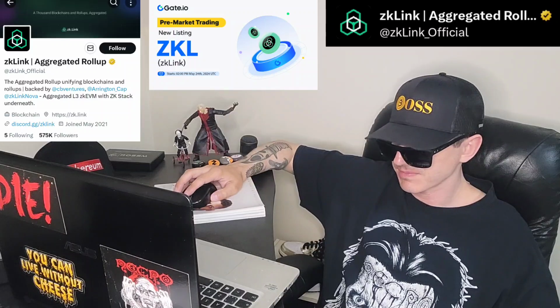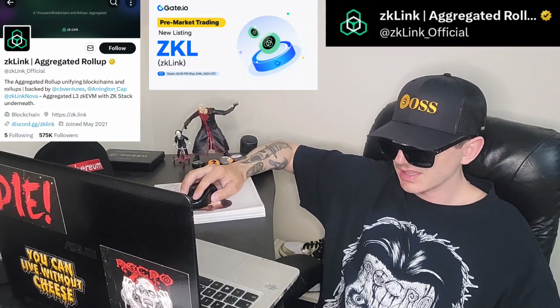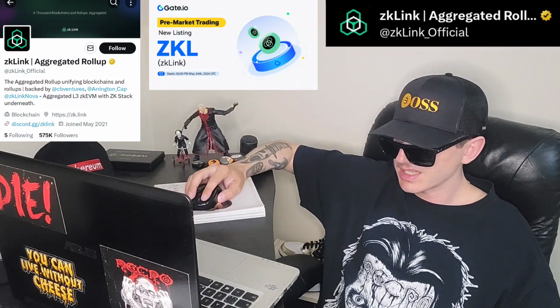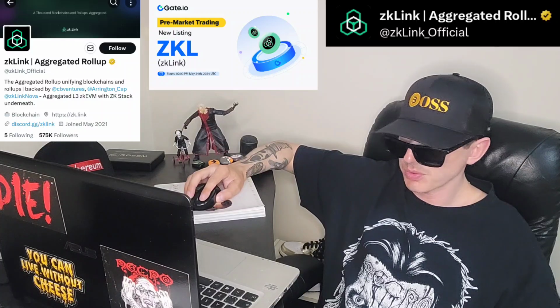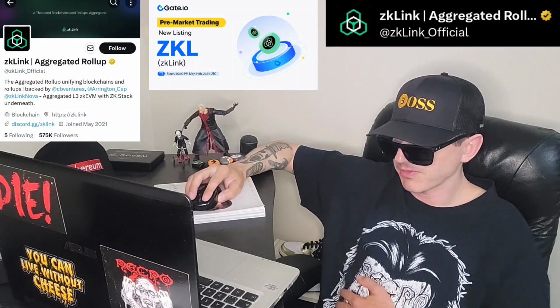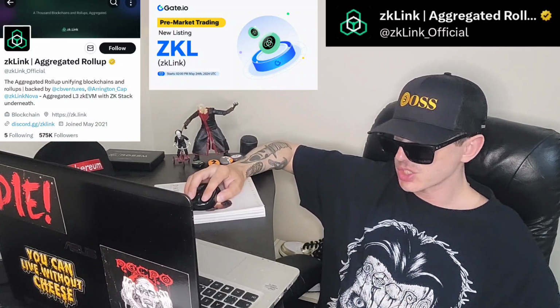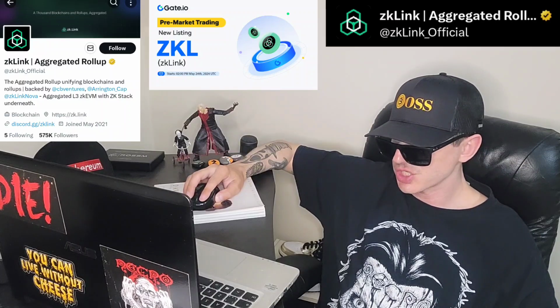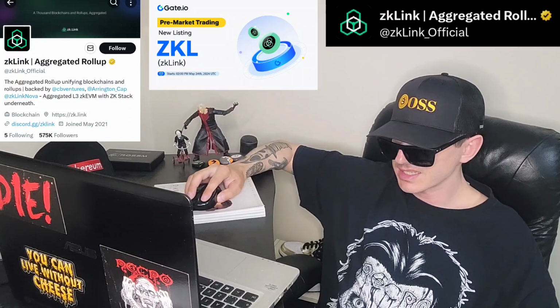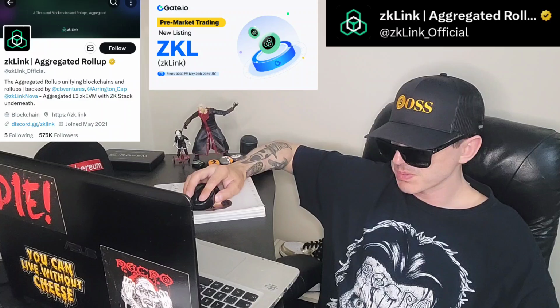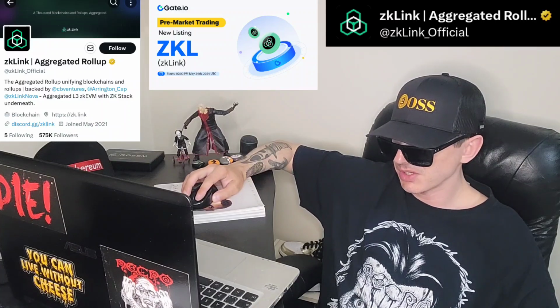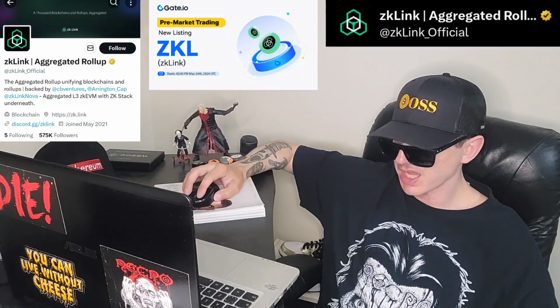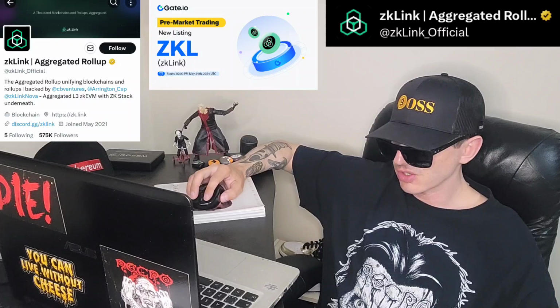So the Zklink protocol is an aggregated ZK roll-up infrastructure with a modular architecture allowing for various components or modules to be easily interchanged, upgraded, or added as needed. This modular approach provides flexibility and scalability by combining multiple specialized blockchains and technologies.